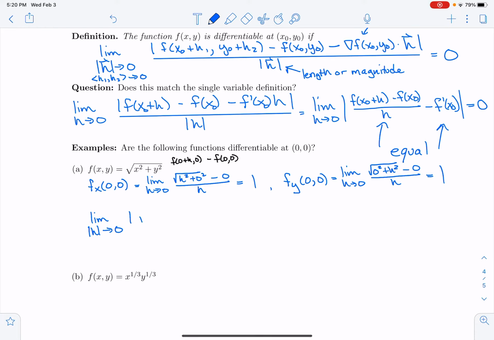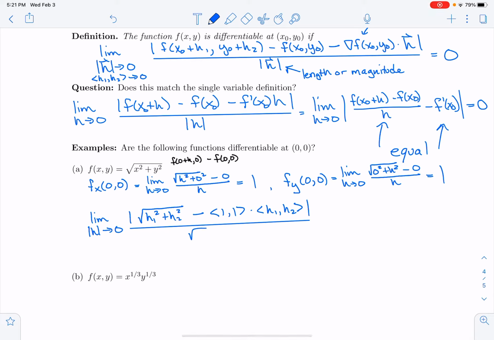So this is going to be the square root of h1 squared plus h2 squared, minus, and now we're going to take the vector 1, 1, and we're going to dot it with h1, h2. And then we're going to divide that by the length of h, which is the square root of h1 squared plus h2 squared.